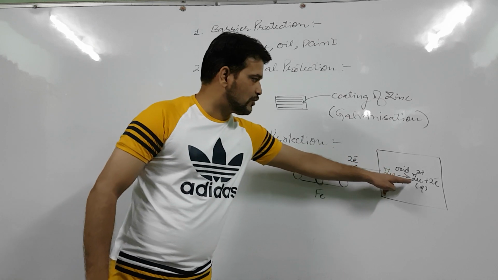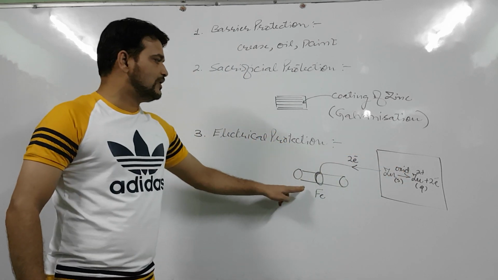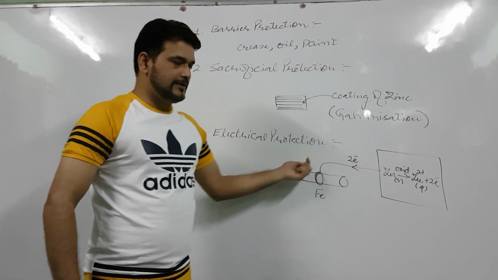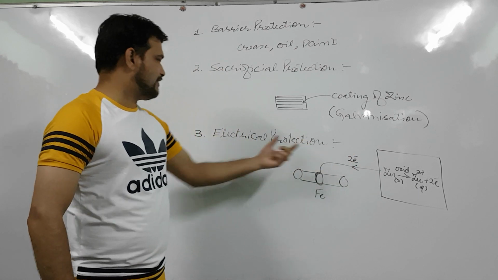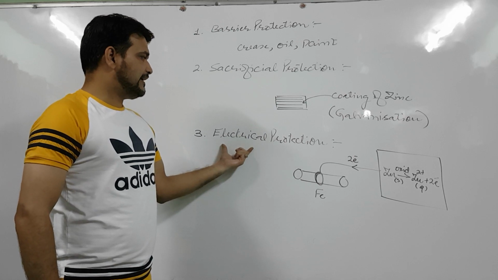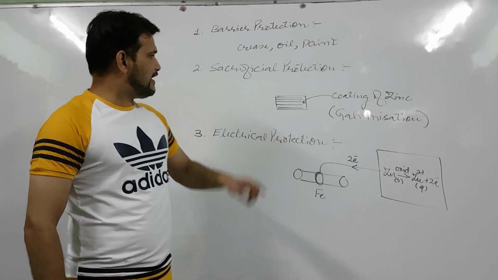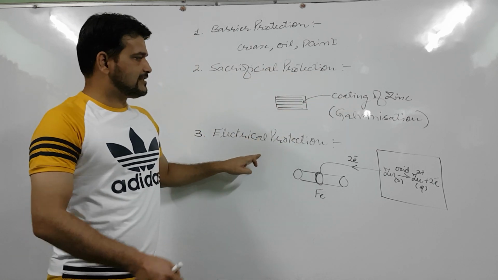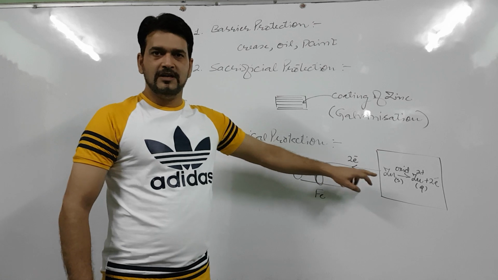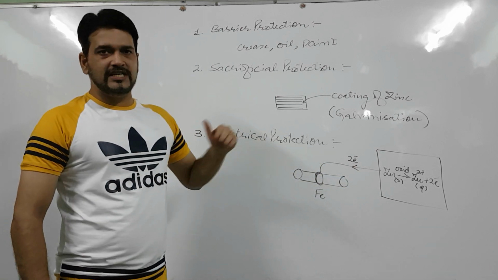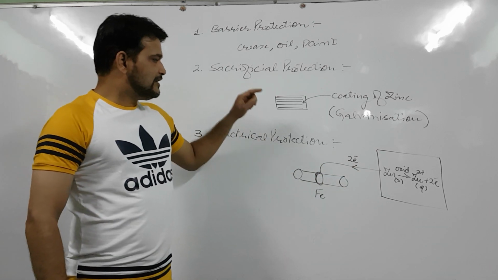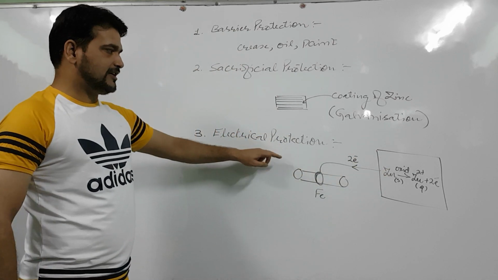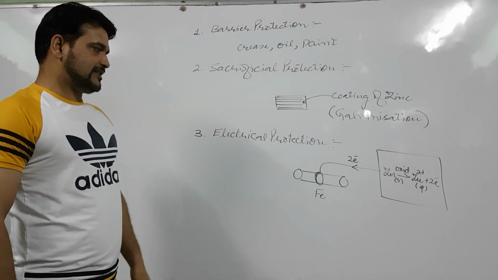As electrons are moving from this container to the iron object, some electric current is set up in this wire. That's why this is called electrical protection. In sacrificial protection zinc is used, and in this case also zinc is used, but the methodology is different. So this method is called electrical protection to prevent iron from rusting.